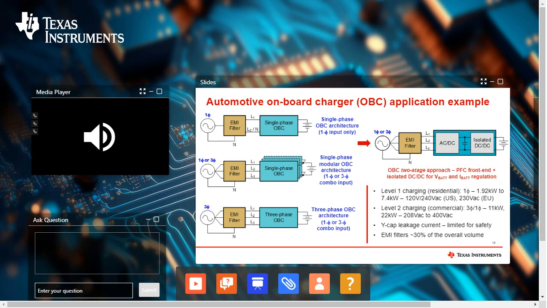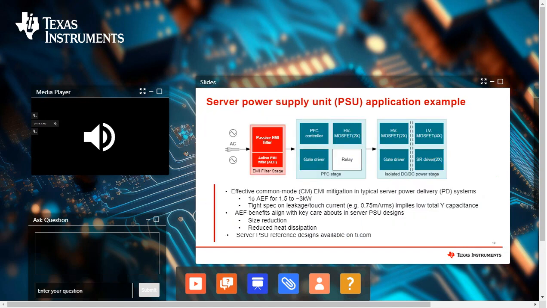The AEF-ICs are designed to be flexible and can be configured as single-phase, stacked or modular single-phase, or three-phase, as seen in this automotive onboard charger OBC example. In server power supply units, or PSUs, AEF-ICs can help increase design density and reduce heat dissipation, two key care-abouts for this end application.